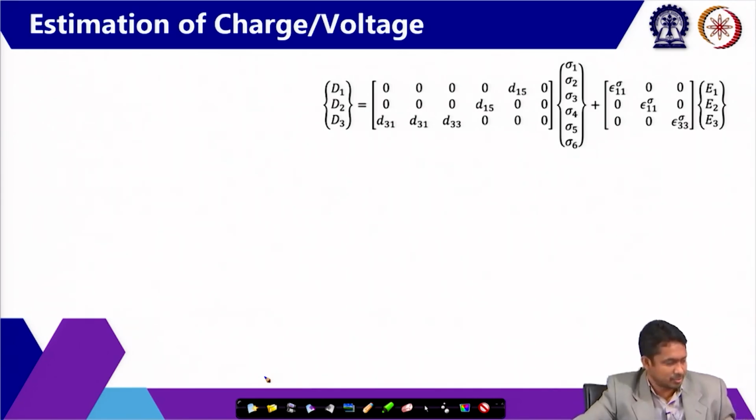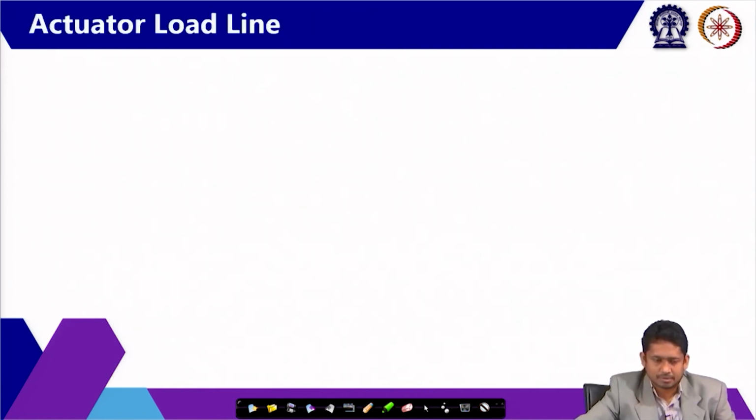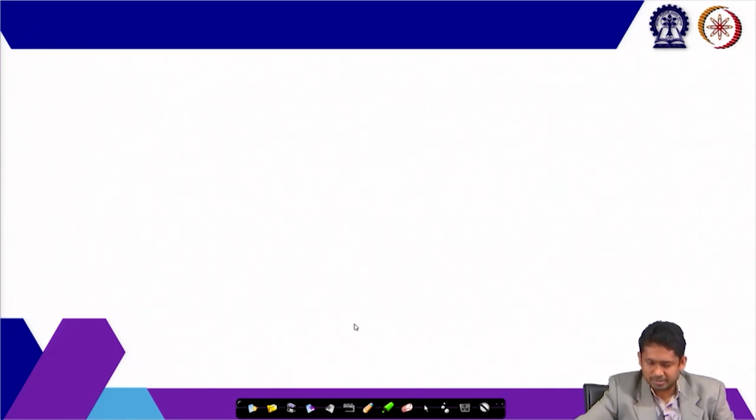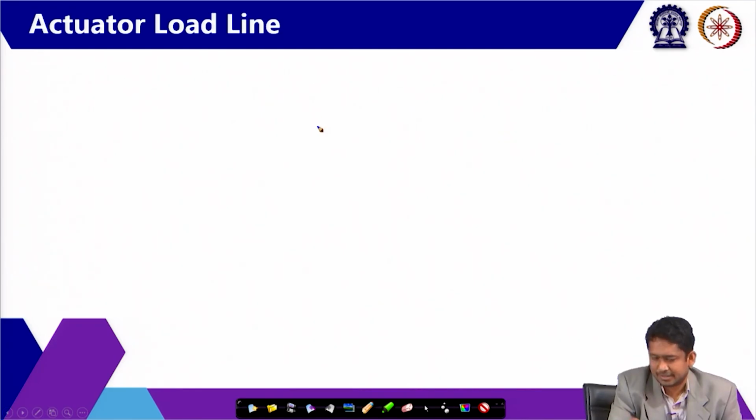Now, we will talk about another concept that is related to piezoelectric actuation. Now, we will talk about actuator load line. So, imagine we have a piezoelectric sheet, and our entire phenomenon is assumed to be one dimensional.